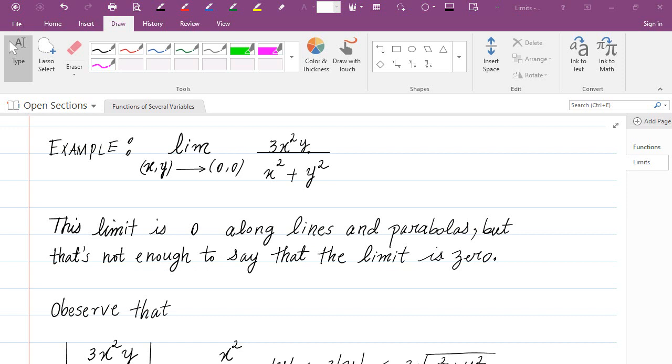So even though the limit is 0 along lines and parabolas, that's not enough to say that the limit is 0. But let's see how we can show that the limit of this quantity is 0.